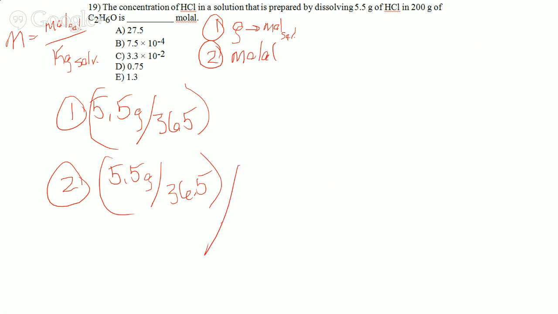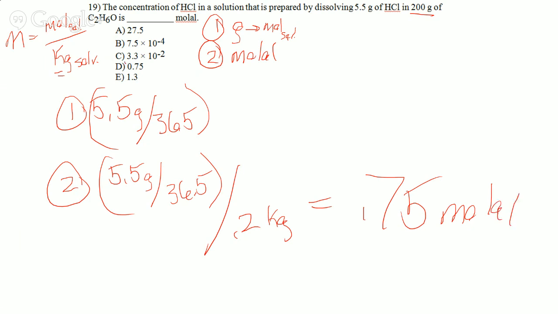That'll give us our moles divided by kilogram of solvent. So we have 200 grams of it, so it'll be 0.200. Actually, just be 0.2 if you're following the rules of sig figs. Plug and chug. So choice D.